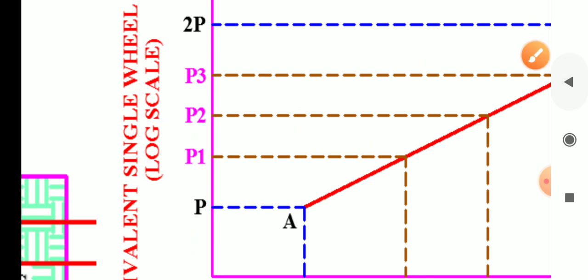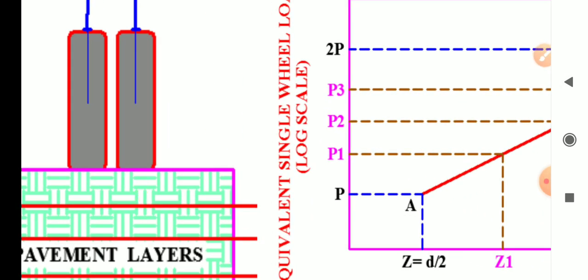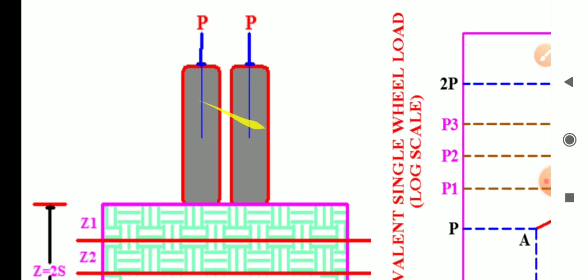Now you will get one doubt: what is the difference between p and ESWL? Here the main thing is, in both wheels load is acting, right?